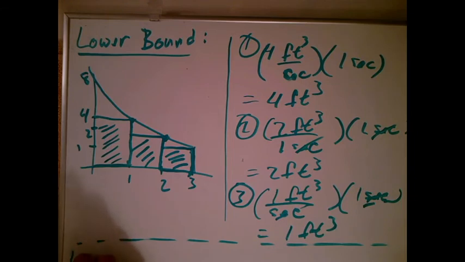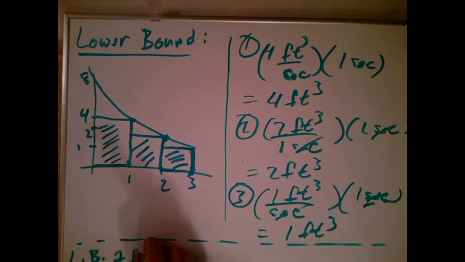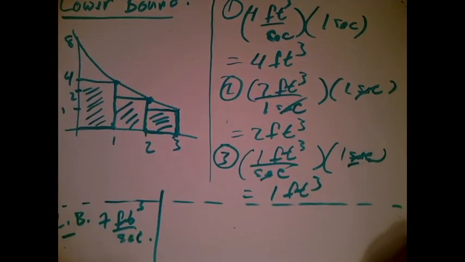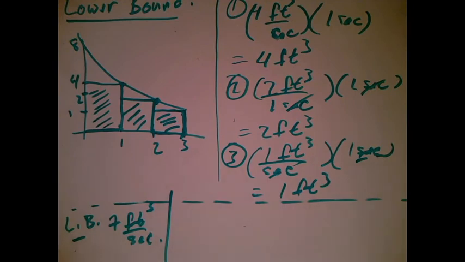Now, what are we going to get for a lower bound here? I'm going to put LB for lower bound. I'm going to get 4 plus 2 plus 1. That's 7 cubic feet. Now, so we can see it. Now what I want over here is to find my total guess. What we found in the first part of the second round was that 14 was our new upper bound, and 7 was our new lower bound.